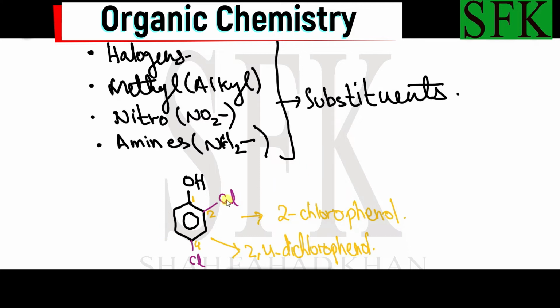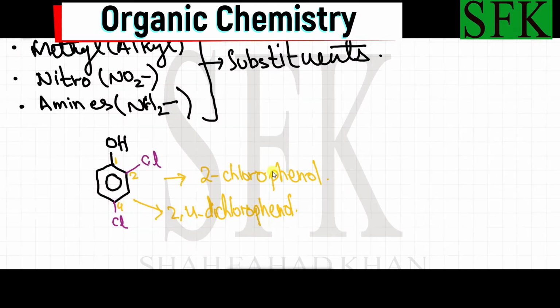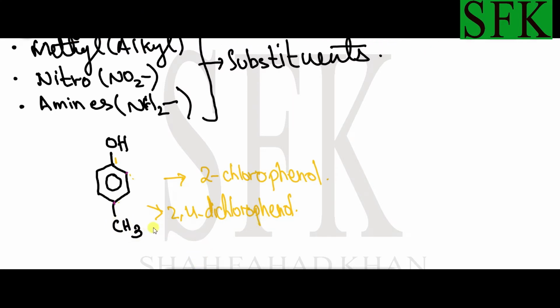Then we are going to talk about the alkyl groups. If we have an alkyl group rather than the chlorine atom, for example a methyl group attached to, let's say, the fourth position, then the name just simply becomes 4-methylphenol.